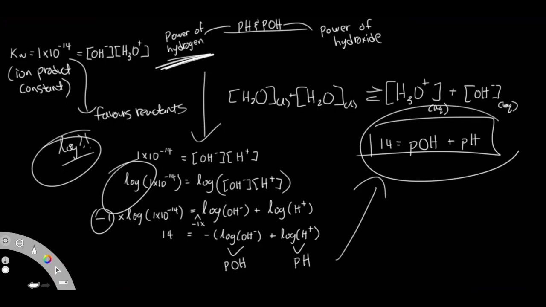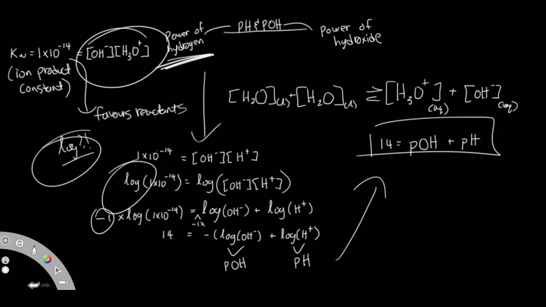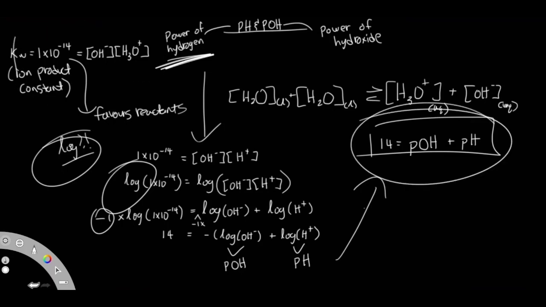So not only do you have to remember this, you also need to remember that Kw is equal to this. This one here, our ion product constant, the equilibrium constant of water, is equal to this product. And this product is equal to 1 times 10 to the negative 14 as well. So you have to remember this as well, along with this one over here.